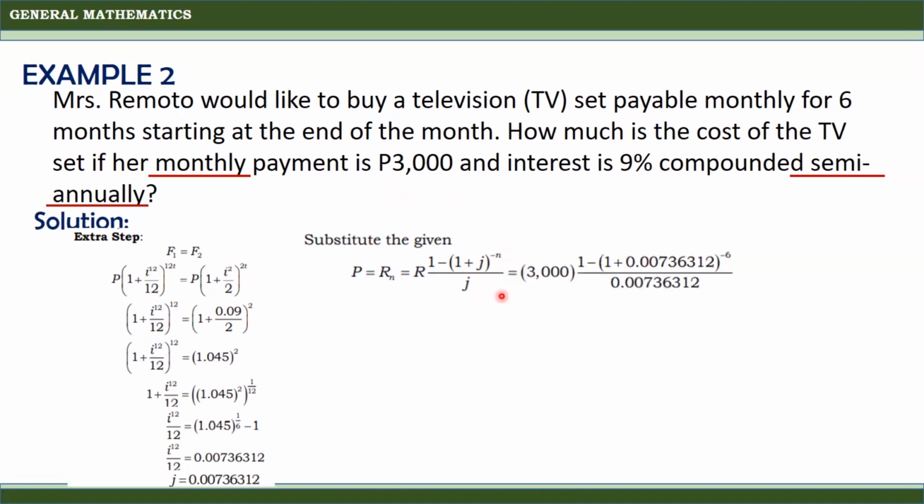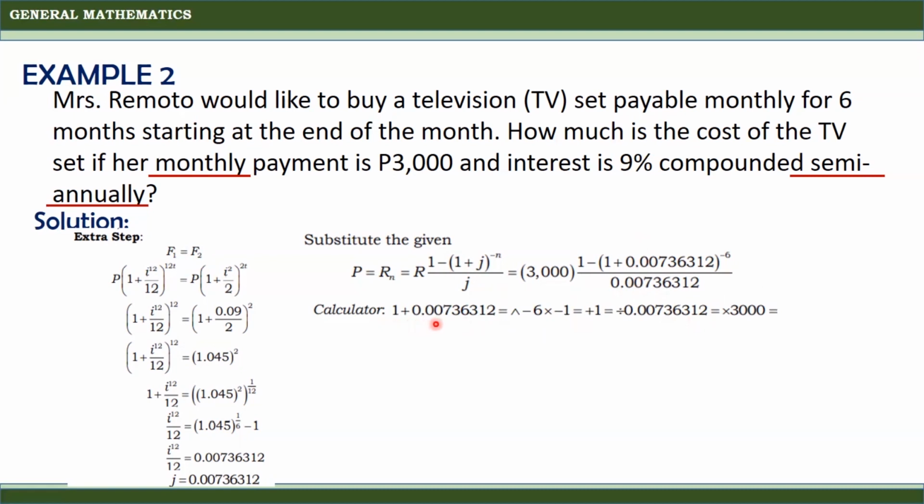By substitution, we will have 3,000 times 1 minus (1 + 0.00736312) raised to negative 6, divided by 0.00736312. To find the value of this expression, let us use our calculators by keying in the following.